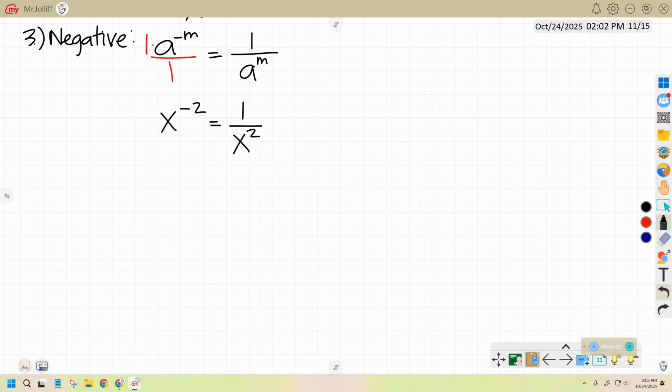We've got power of a power. In other words, I'm going to take something that has an exponent, and I'm going to raise it to another exponent. Squaring a square.